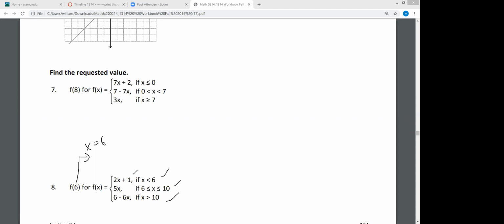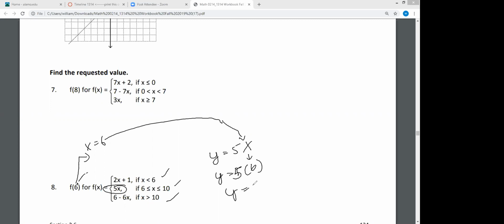That's true. So we're going to use the middle one, y equals 5x, and we're going to plug 6 into y equals 5x. Y equals 5 times x, and we're plugging 6 into the x.